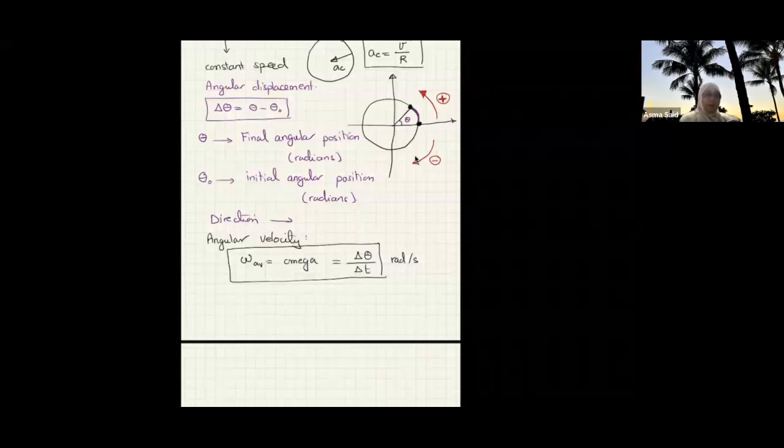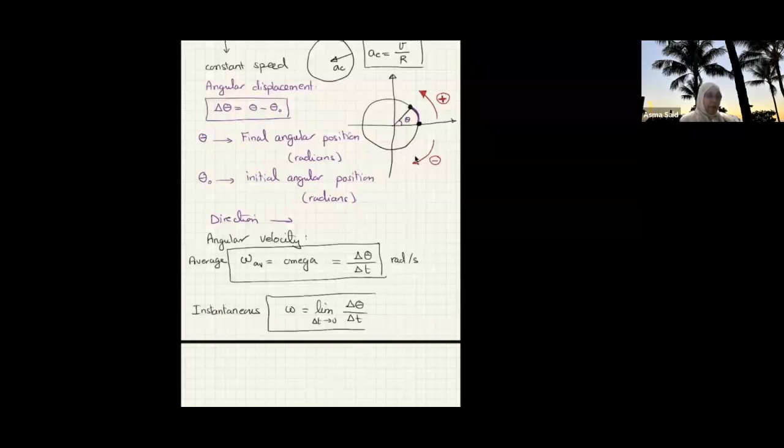Again, also remember here, we said this is the average. And we can ask, what is the instantaneous? The instantaneous is gonna be the limit as delta t goes to 0 of delta theta over delta t.